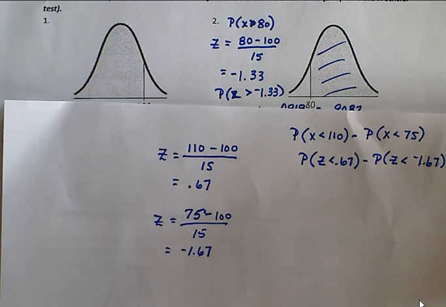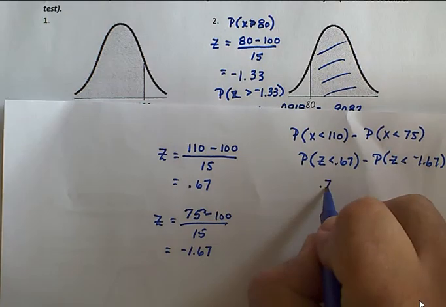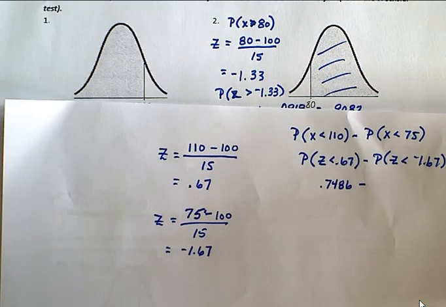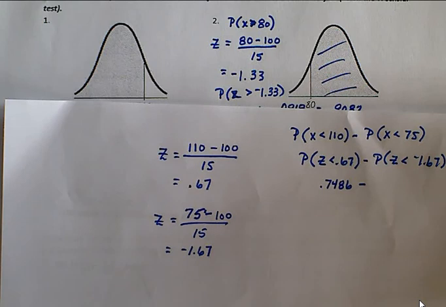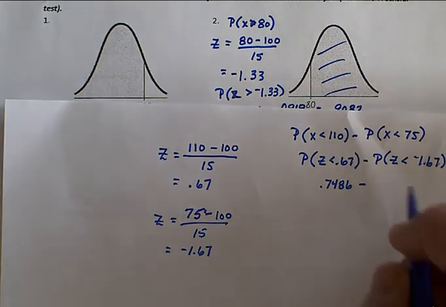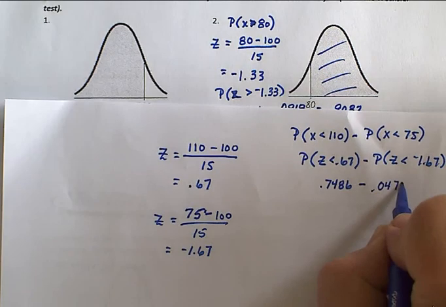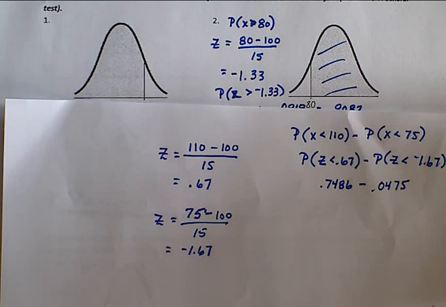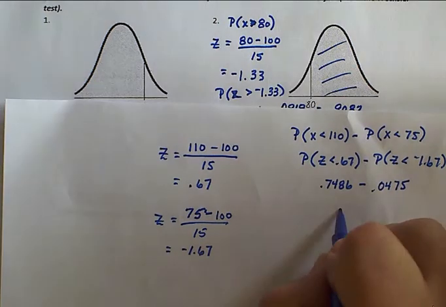0.67 is 0.7486. Negative 1.67 is 0.0475. Okay, subtracting those, 0.7011.